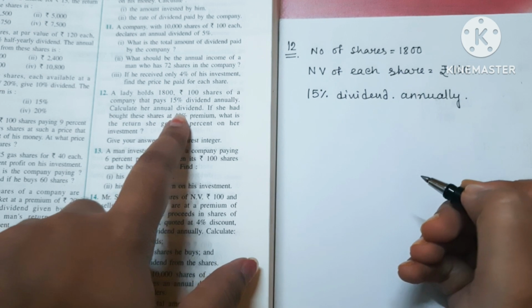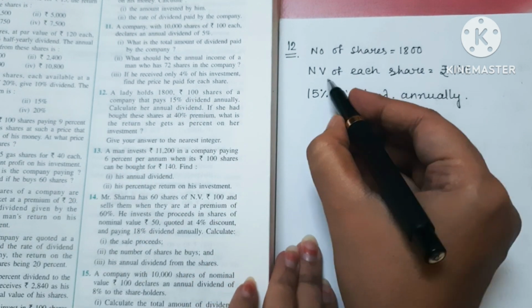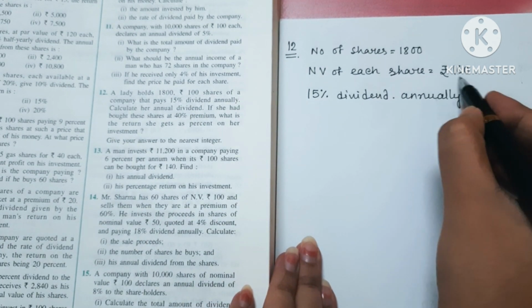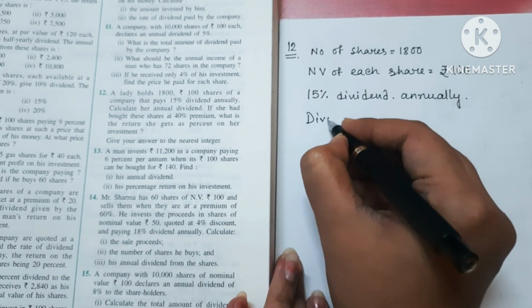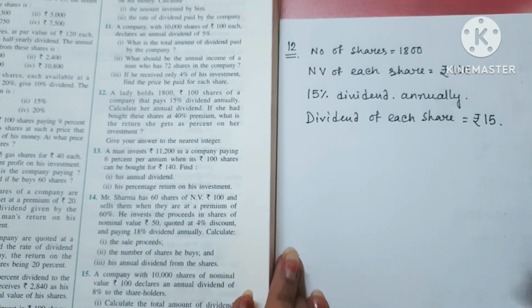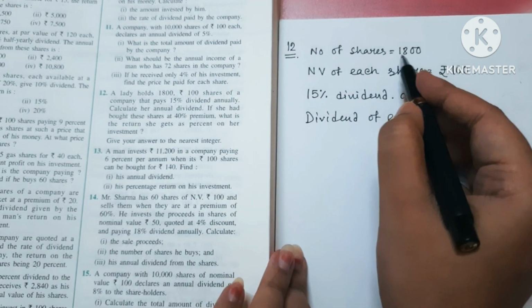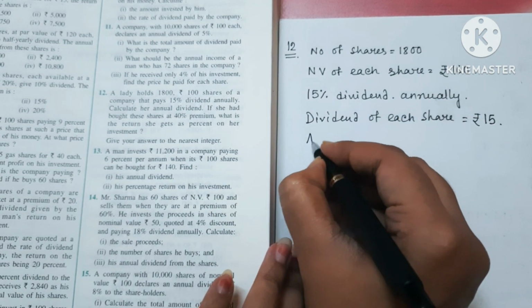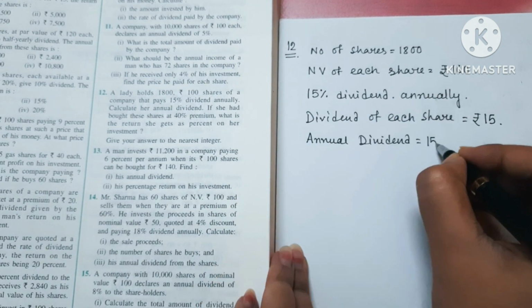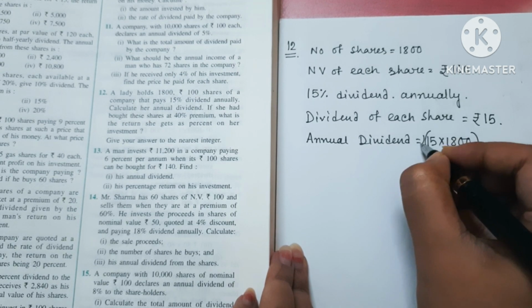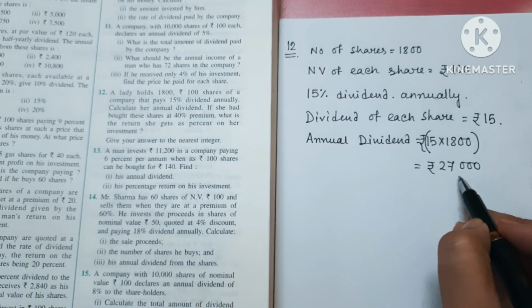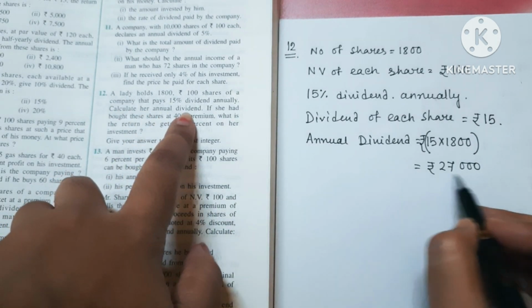Now the annual dividend: the nominal value of each share is 100 rupees, that means the dividend on each share will be rupees 15. The number of shares is this one, so the total annual dividend is 15 into 1800 rupees. This is the answer for her annual dividend.